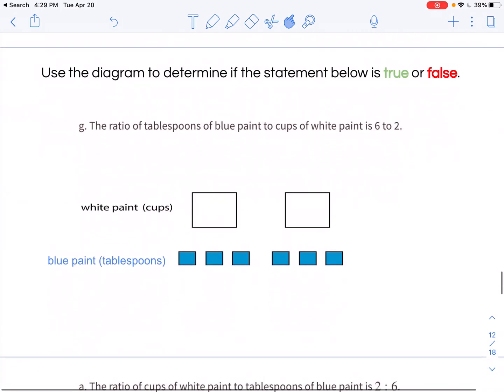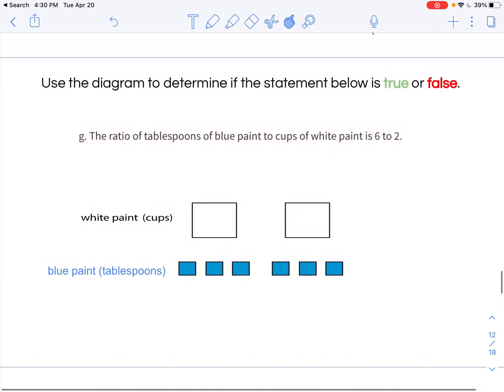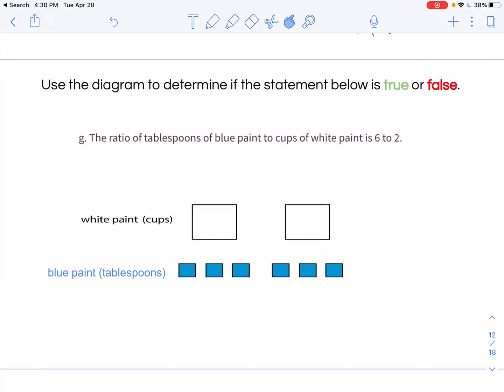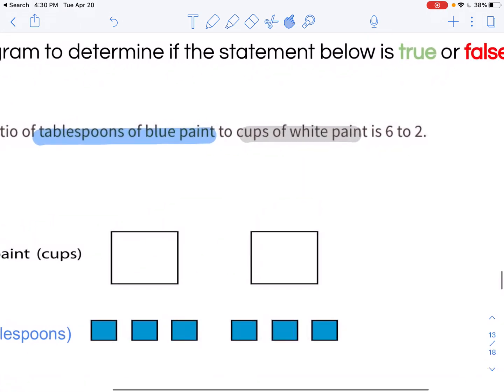All right, G. This is our last one. True or false? The ratio of tablespoons of blue paint to cups of white paint is 6 to 2. True or false? All right, I'm going to put a box around the word TO, and a second time. So I can see that blue came before the first one.